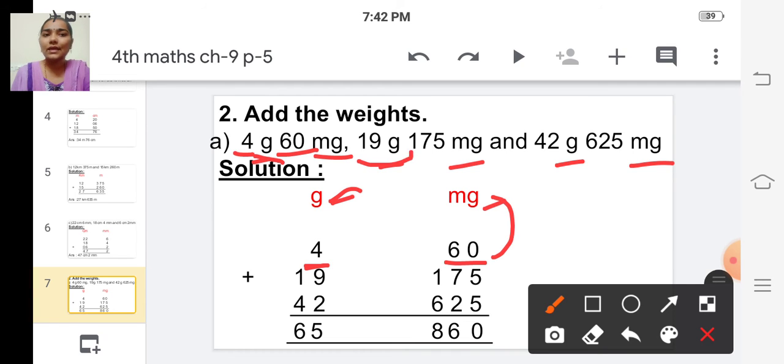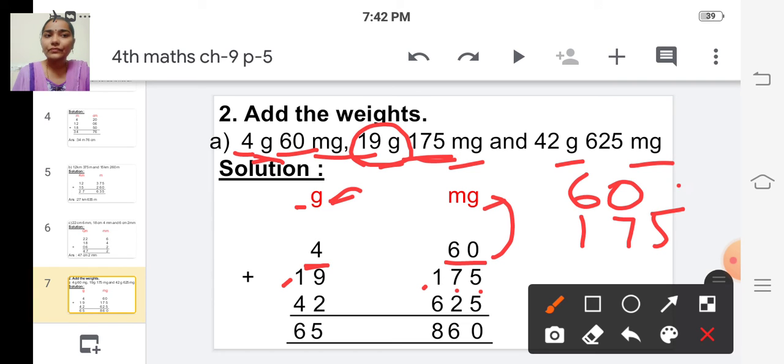Okay. So this second weight is 19 gram. So you have to write this 19 below this gram. Okay. And 175 milligram. Here 60 milligram is there. And next one is 175 milligram. Right. So you should not write 175 like that.